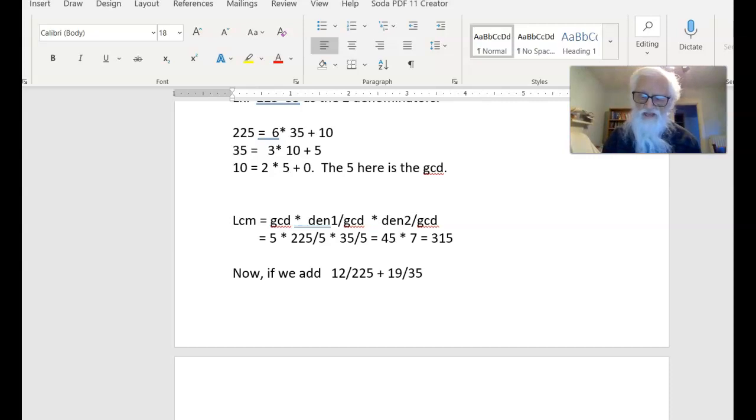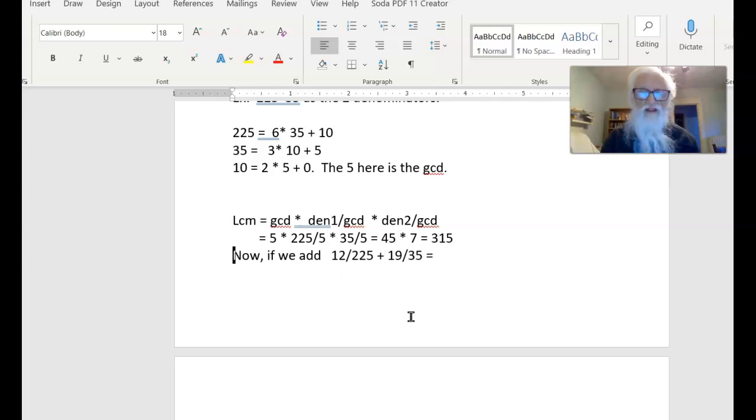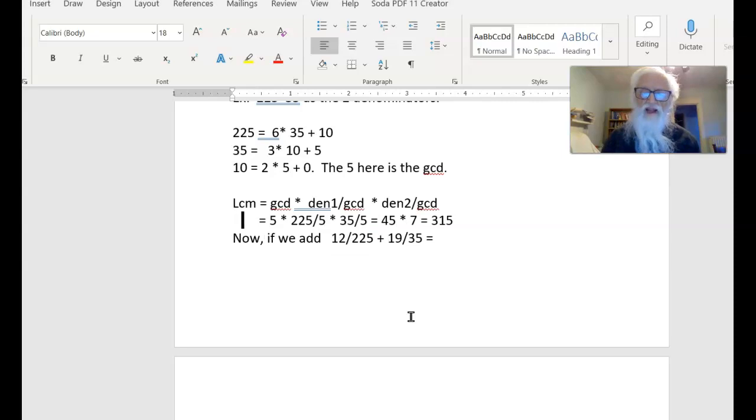Then what we do to add them is go up here and make a little more room there. We convert them to their common denominator. So in this case, the 315, we have to multiply 7 times both the, no, but I believe we don't.